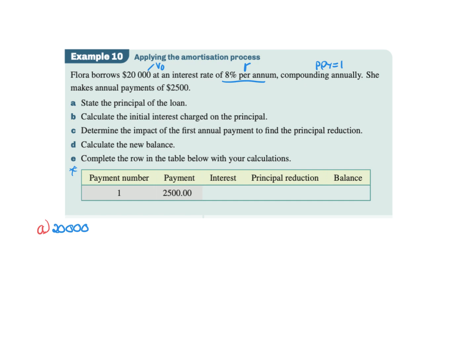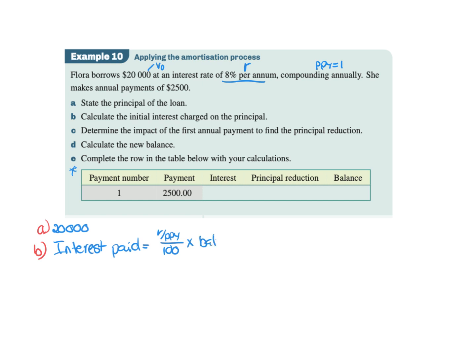Okay, then in B, it's asking us to calculate the initial interest charge on the principal. We're going to get used to this: the interest amount or interest paid is the rate divided by PPY, over 100, times the balance before.